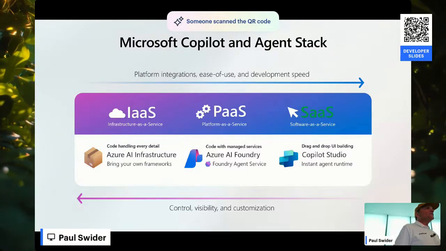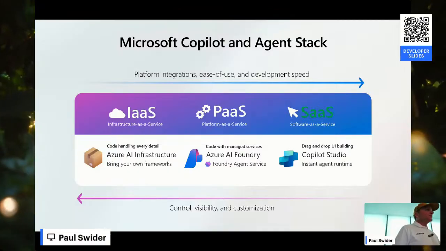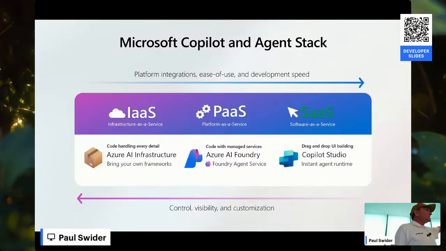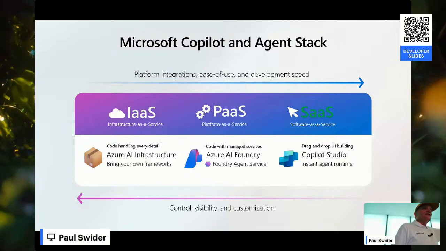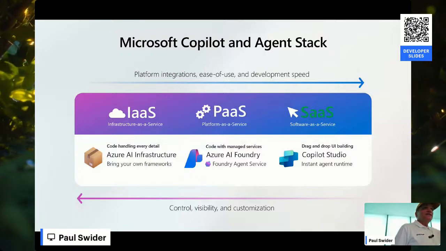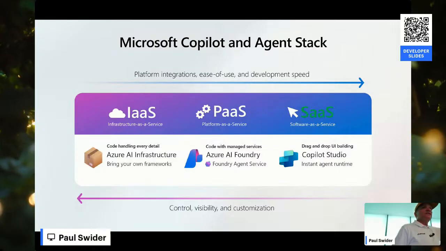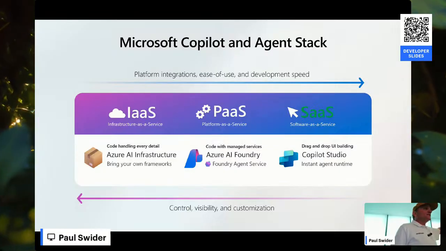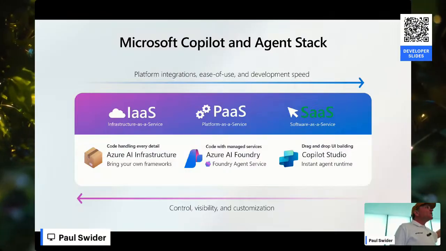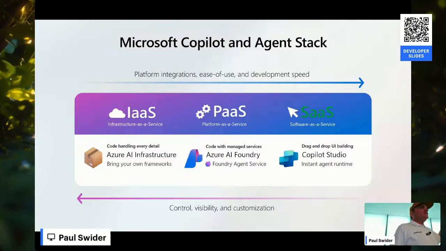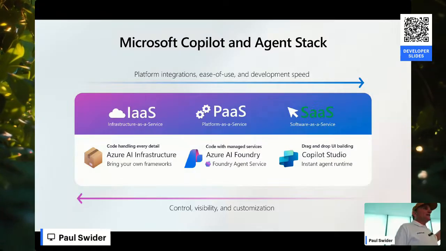For example, if you wanted to build Cursor, if you are the team that builds the vibe coding agent for Cursor, you're going to do that at the IaaS level, right? You're going to sit down, use Rust or whatever the language of your choice is, C++, and build out your agent at the code level. I like to use the phrase, you own your own agent at that point.